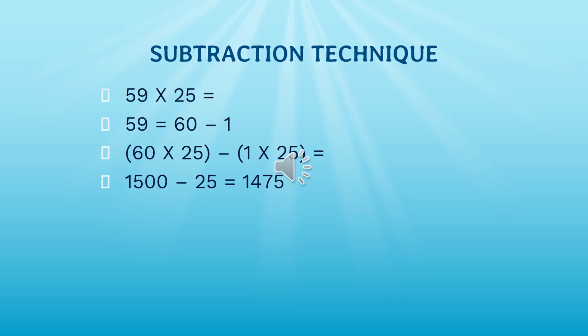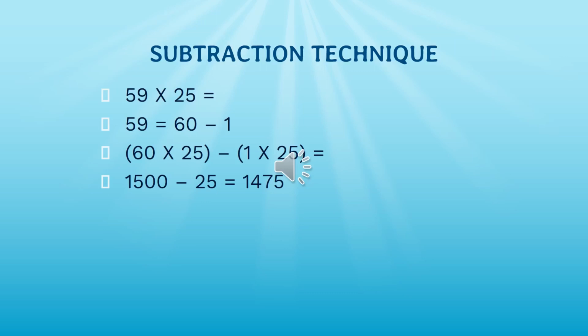Having that, I transform it into 60 minus 1, and distributing 25, that should be 60 times 25 minus 1 times 25. Getting the partial product, 60 times 25, that's 6 times 25, which gives me 150, and I'll attach the 0.